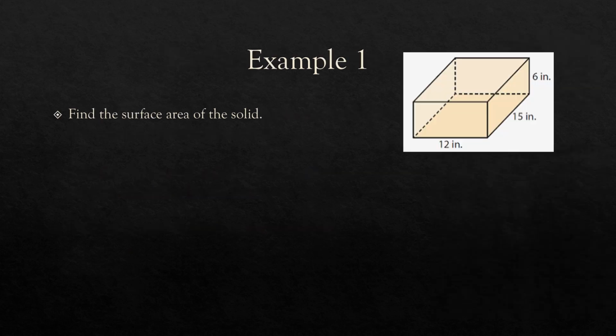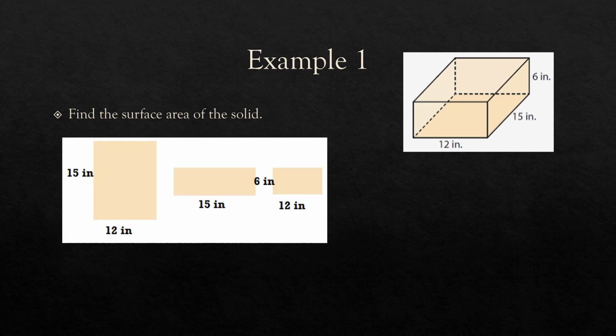So in this example, we want to find the surface area of this solid. We're going to imagine cutting it apart so that we have 2 of these rectangles, 2 of these longer rectangles, and 2 of the top and bottom rectangles. This is how I chose to cut it apart.